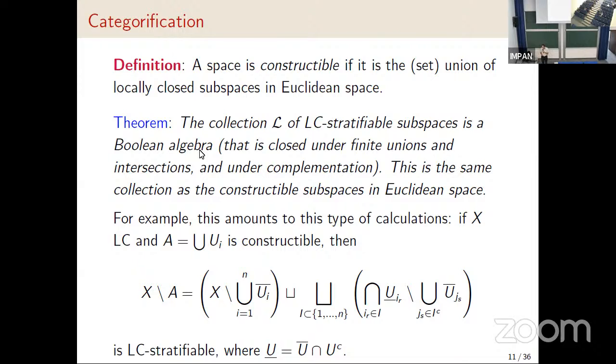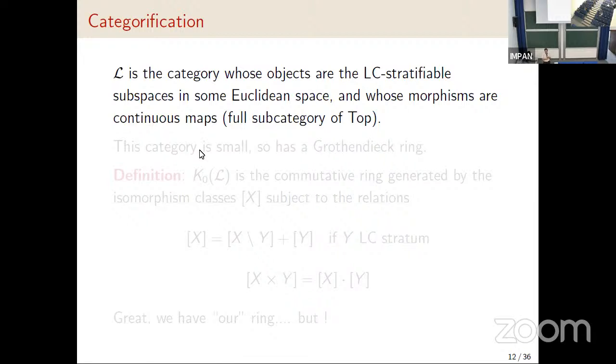Okay, so I have this collection of spaces that are stratifiable by locally compact sets, or this collection of constructible sets, and I can define its Grothendieck ring.